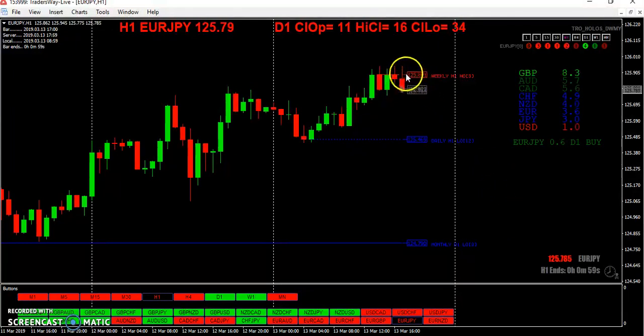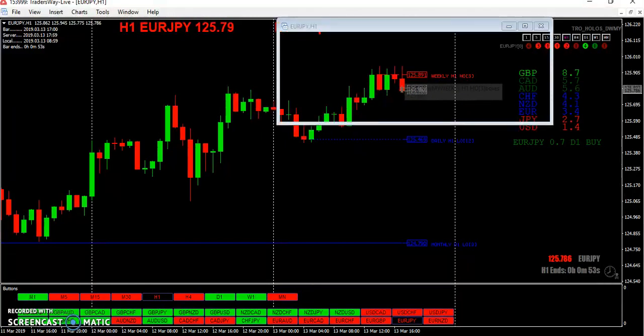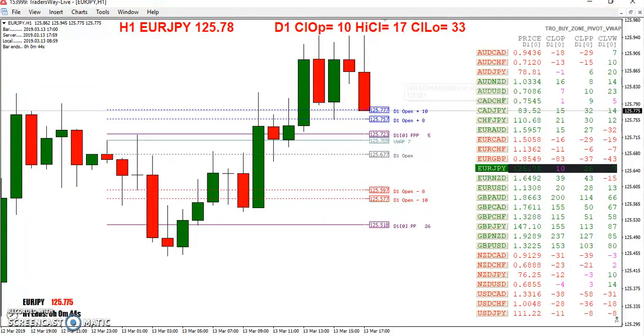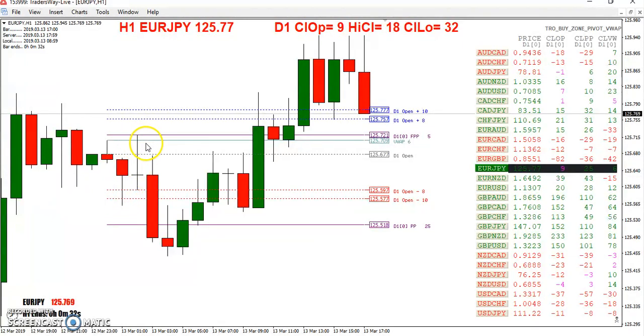You can see here, weekly highest open, price came down through it. So a nice short opportunity. You see, we took out the pivot. We had a bias right there. You took the trade, it pulled back, should have been a scratch or profit.